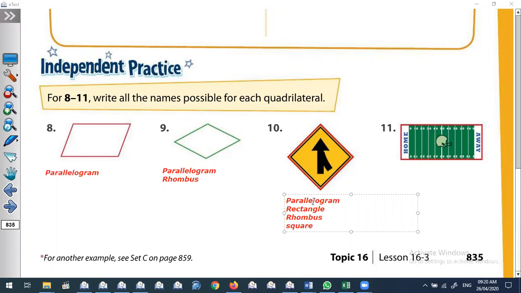So square can be parallelogram and rectangle and rhombus. This shape is rectangle. Rectangle can be parallelogram and rectangle can be rectangle.